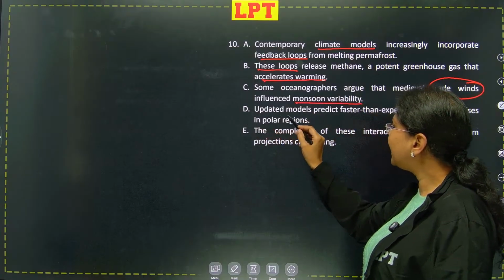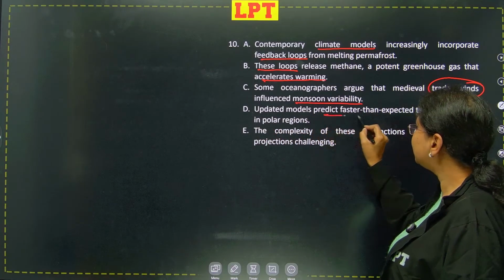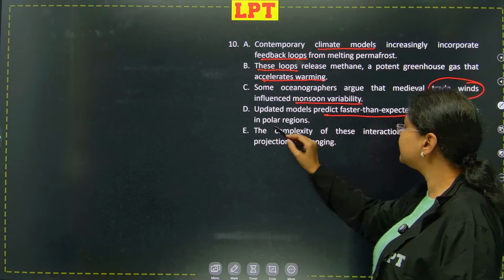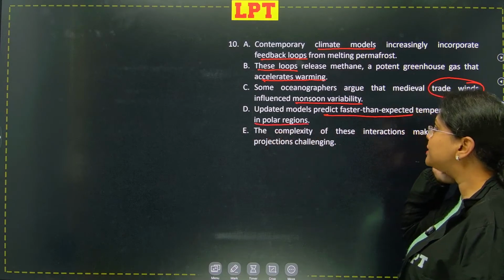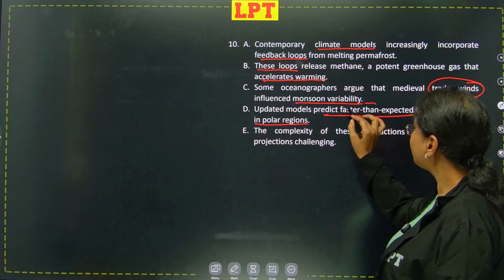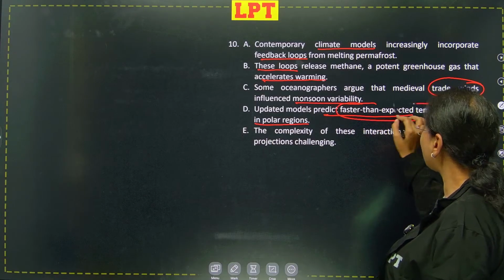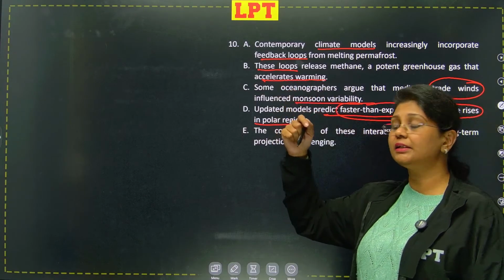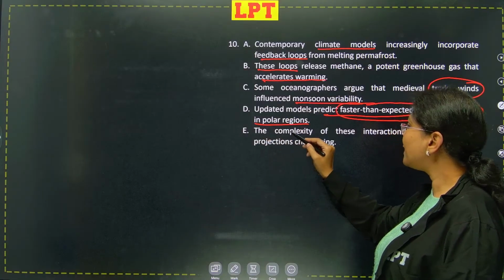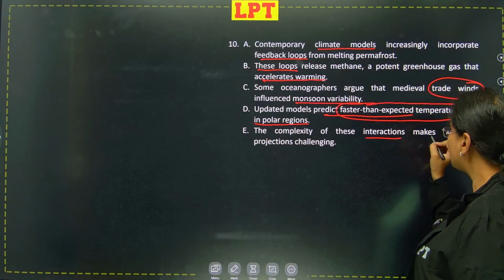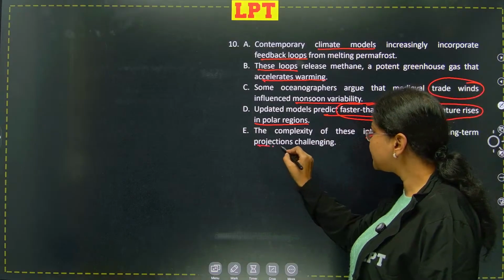D says updated models predict faster than expected temperature rises. All right, so faster than expected temperature rises gels with accelerated warming. E says the complexity of these interactions makes long-term projections challenging.